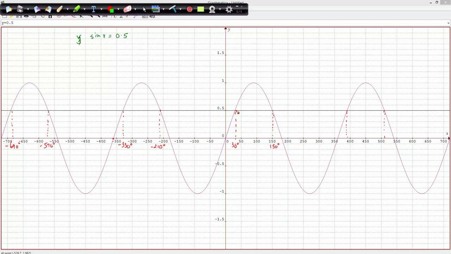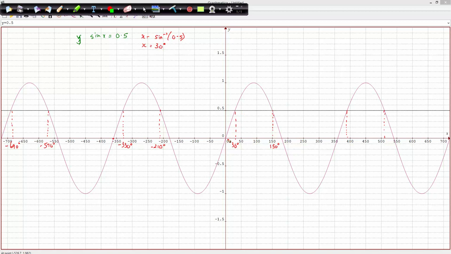Here was our basic solution that we got before. If you take the inverse sine of 0.5 in degrees, you end up with 30 degrees. In radians that would be pi over 6, but let's work in degrees for now. Another solution is this one here, which is 150 degrees.